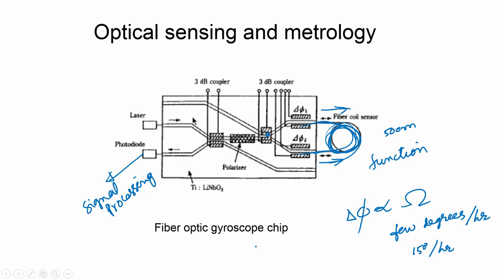So, we have various elements necessary for this operation. For example, you have to divide the input laser beam into two output ports. At this point you need power dividers, and there is a polarizer here.